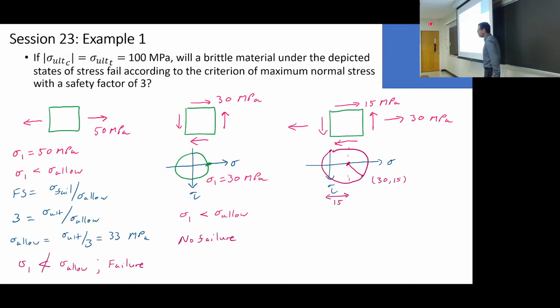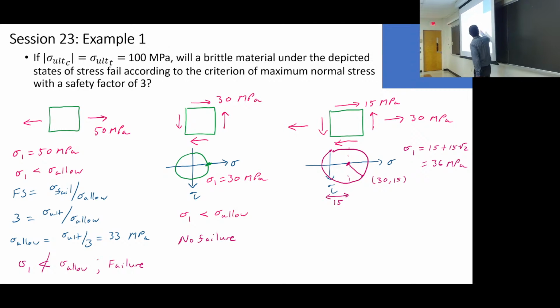Okay, and so what do we have to do now? Yes, Andrew. Calculate the radius and then add that to the center. So we have to figure out what the radius is and then add it to the sigma average. In this case, the radius ends up being 15 times the square root of 2. How do we figure that out?